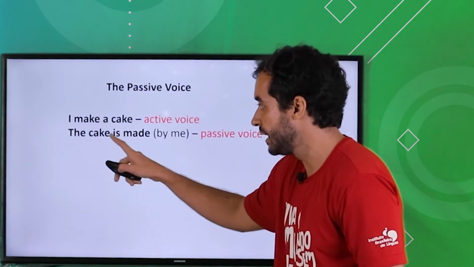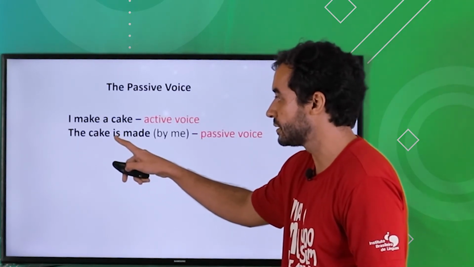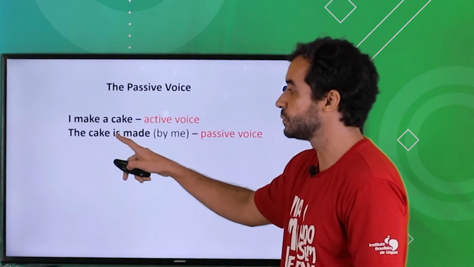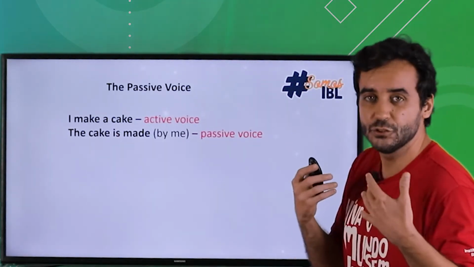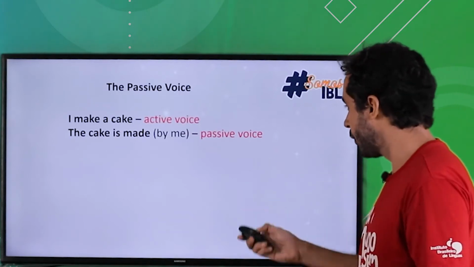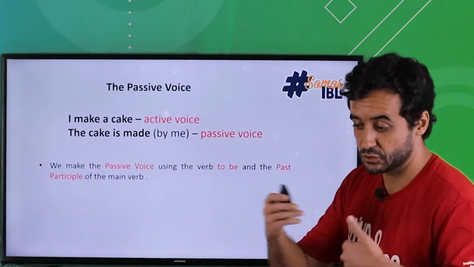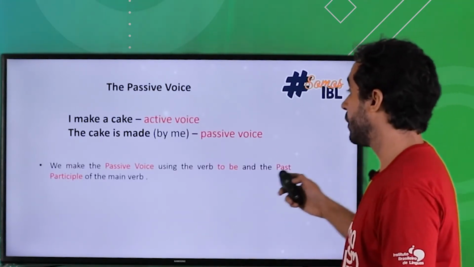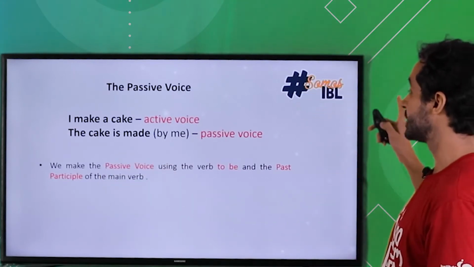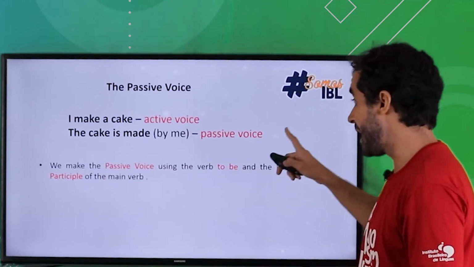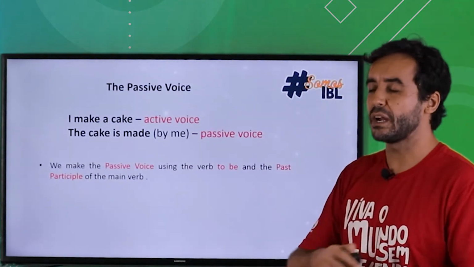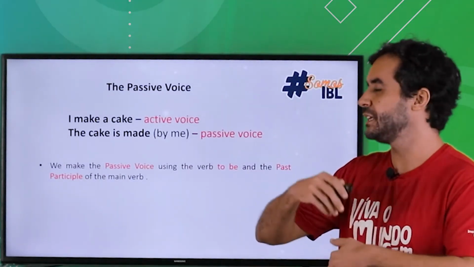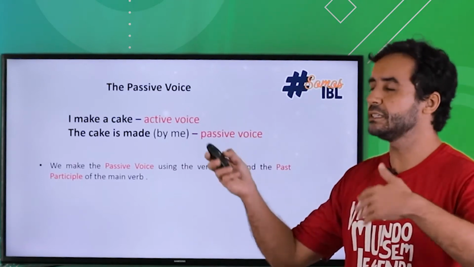The subject is the one making the action represented by the verb. Whenever you do that, you not only switch places, you always end up adding the verb to be and the past participle. That happens in any modal, in any verb tense.